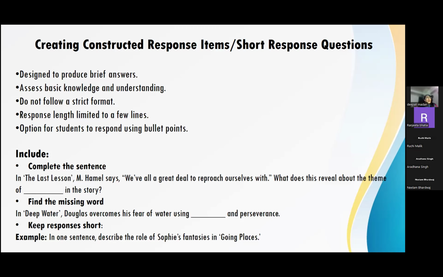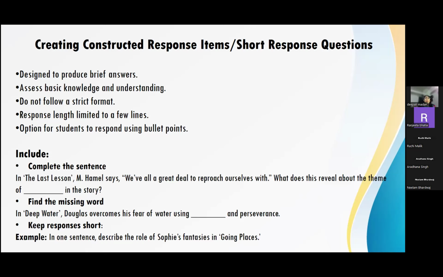So these constructed response items are designed to produce brief answers, and they assess basic knowledge and understanding of the students. And they do not follow a strict format. We have a little flexibility here, and we can frame the questions the way we want them.